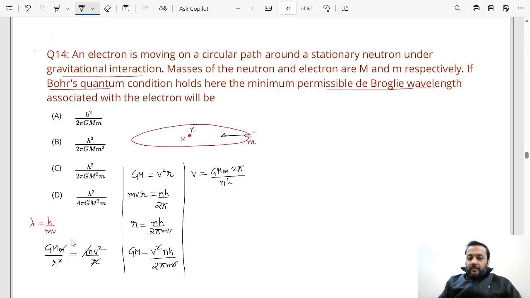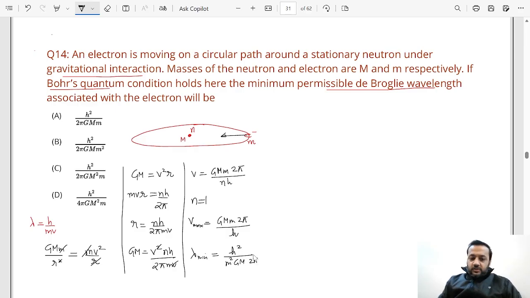Now look, if you remember, I said that we have to maximize the value of v in order to minimize lambda. So v will be maximum if n is minimum, and the minimum value of n is definitely 1. So the maximum value of v is G into M into 2 pi upon h, and this value you can put over here. So lambda minimum will be h upon small m into G into M into 2 pi by h.